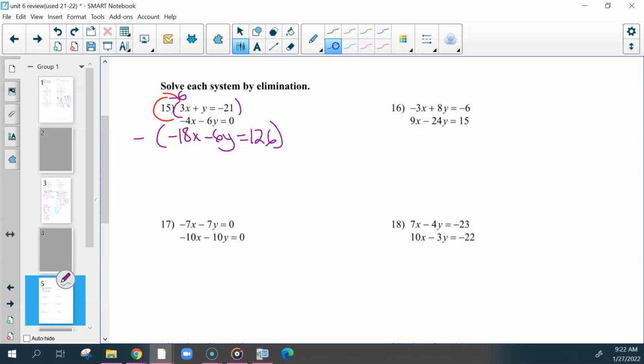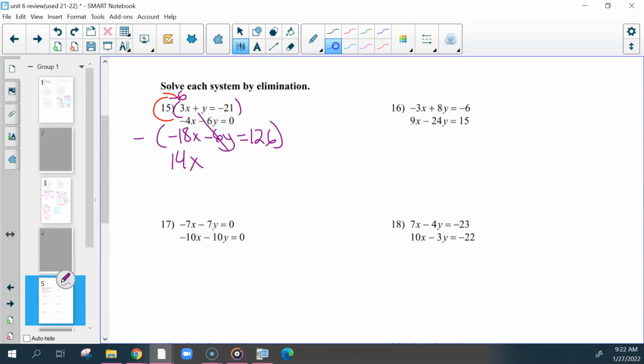So -4 minus -18, that would be the same thing as adding them together. -4 plus 18 would be 14x. Wouldn't that equation have to be on the top? It doesn't matter. Why is it positive 126? What's a negative times a negative? -6y minus a -6y would be the same thing as -6y plus 6y. So those would cancel.